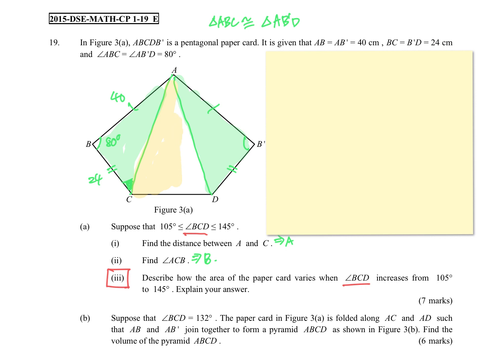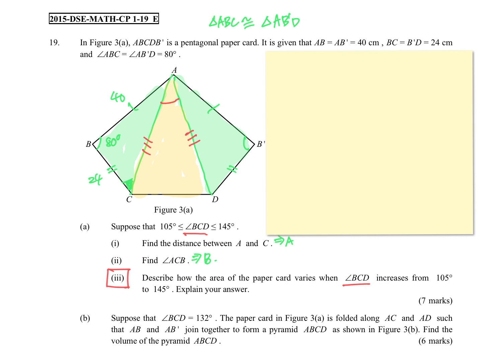This is an isosceles triangle. And don't forget AC and AD, already found in part A1, are also fixed. So the only variable will be this.